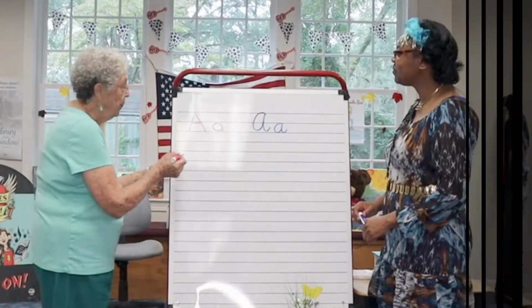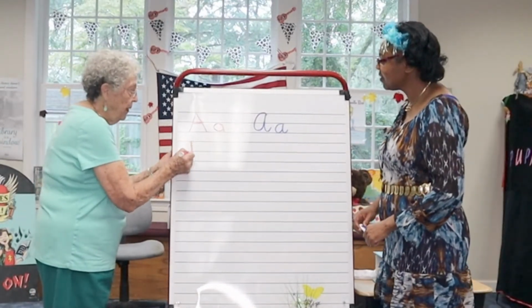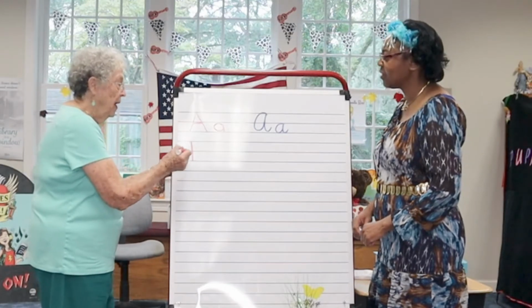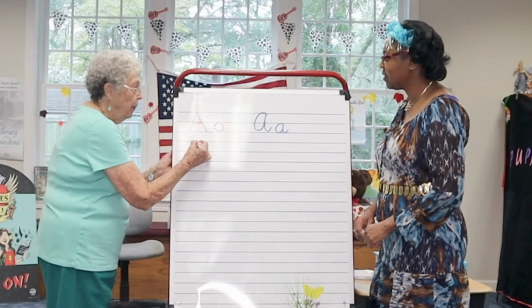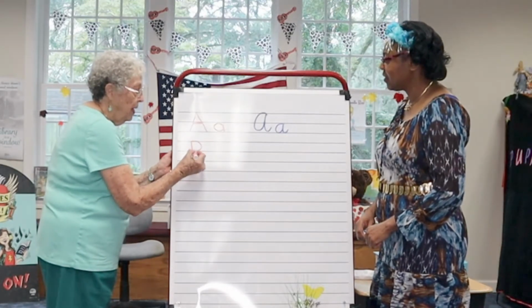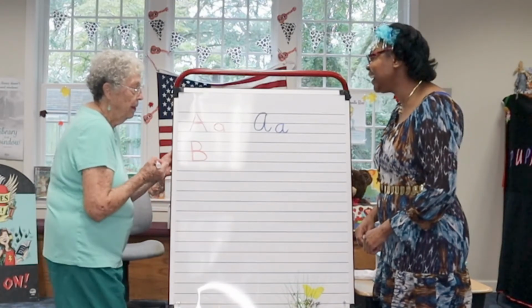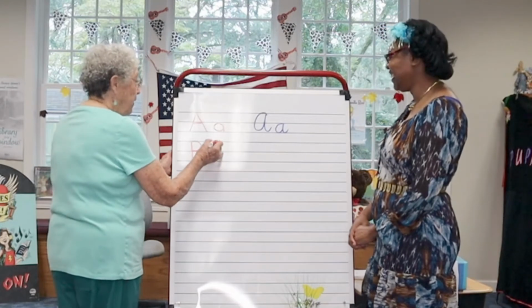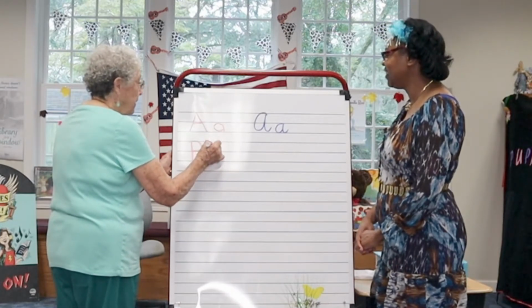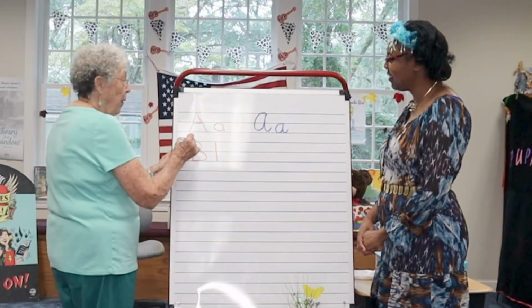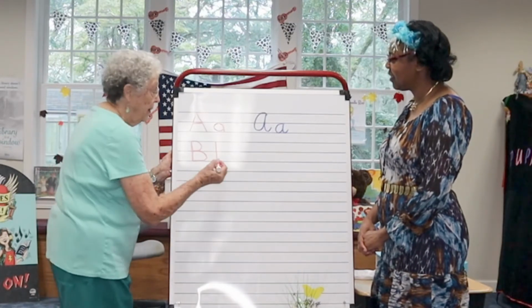Now we're going to go to B. A capital B is going to be a vertical line, and then we're going to put a curved line and another curved line. So pretty. And the lowercase b is very similar. It's going to be a vertical line, but we don't put the top curved line there.